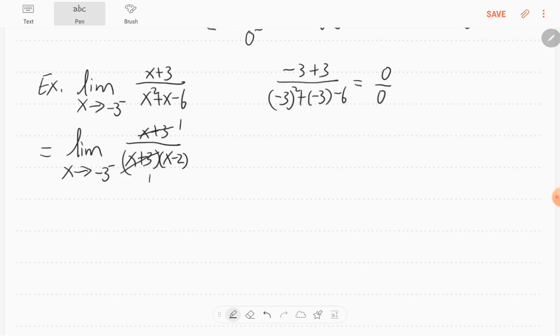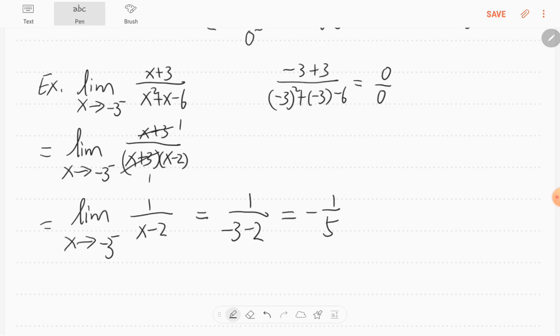You will have the limit as x approaches negative 3 minus of 1 over x minus 2. Here you can plug in negative 3, yes. So this would be 1 over negative 3 minus 2, which equals negative 1 over 5.